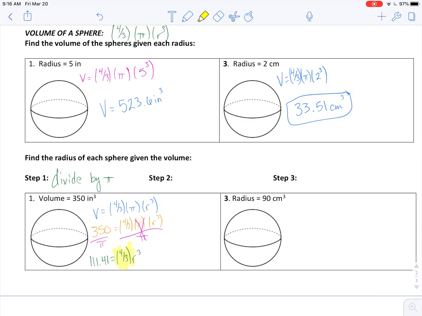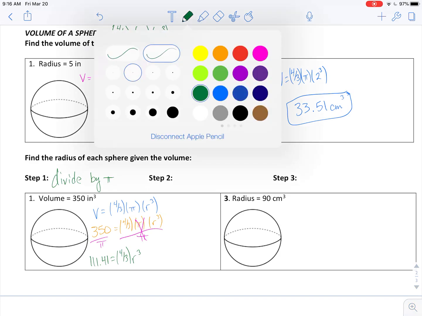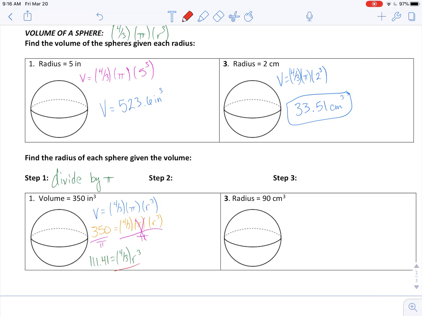Now I'm still trying to get this r cubed by itself, so what do I need to get rid of? What is on the same side of the equal sign as r cubed that needs to go away? Well, this 4/3 needs to go away. What's the opposite of multiplying by 4/3? Well, I could divide by 4/3.